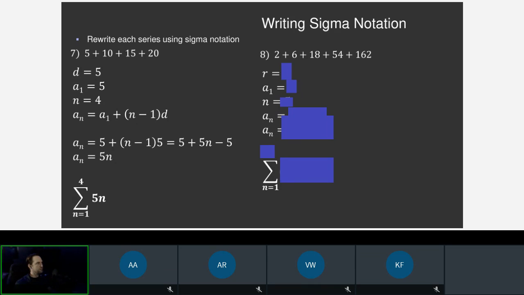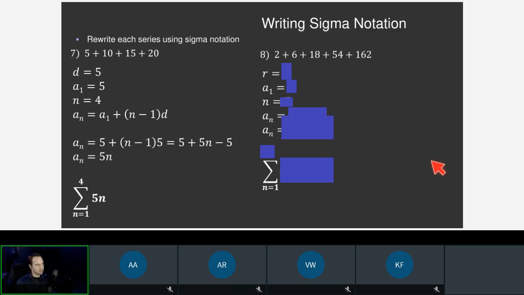Right. So I kind of give it away. Yeah, I should have covered this up. Because I have an R here, what does this tell you? Yeah, it's geometric. I gave it away because that's the common ratio. So on your quiz, on your test, you won't have those little fill in the blanks of what's R or what's D to kind of give it away.